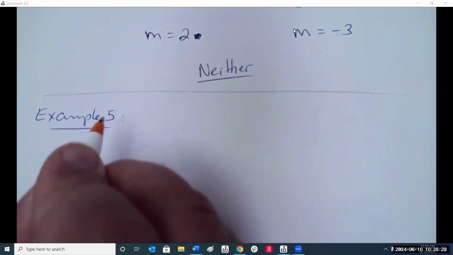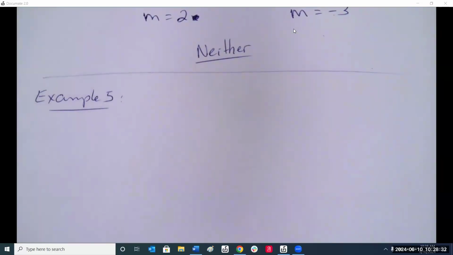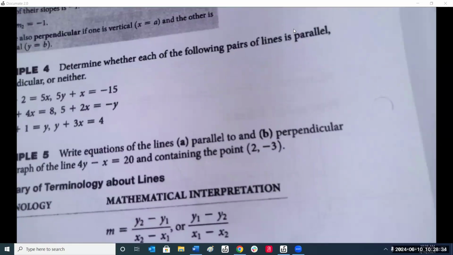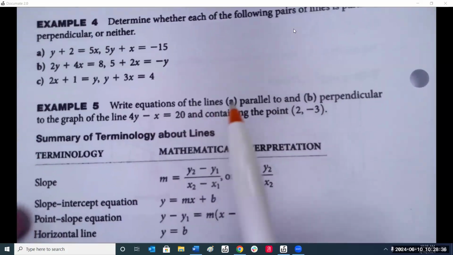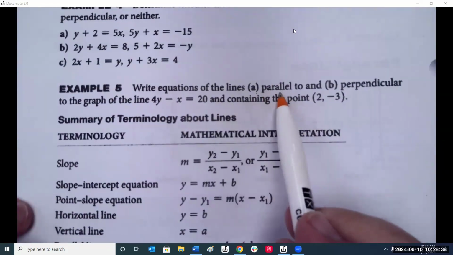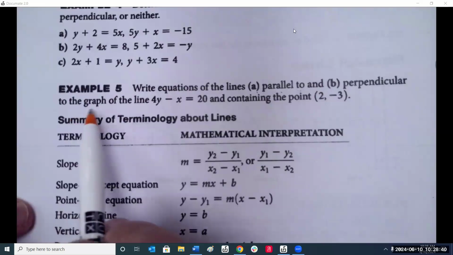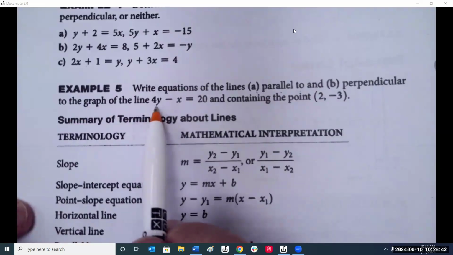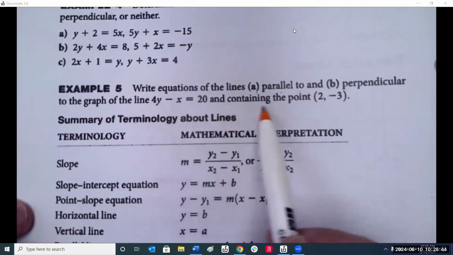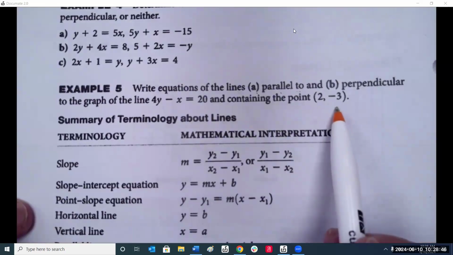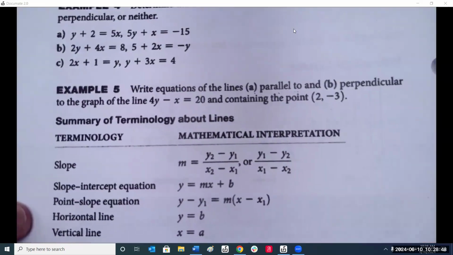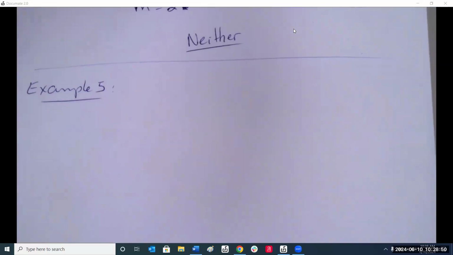Example 5. It says, write equations of lines parallel to and perpendicular to the graph of the line 4y minus x equals 20, containing the point 2, negative 3.